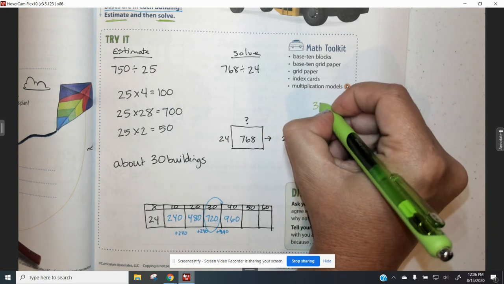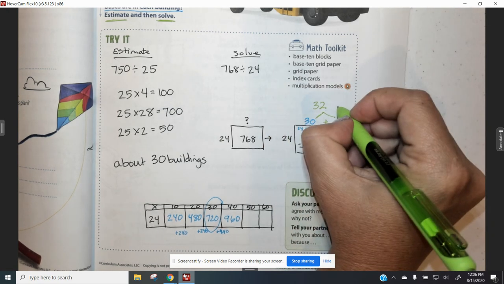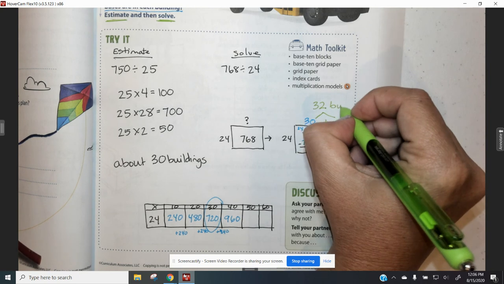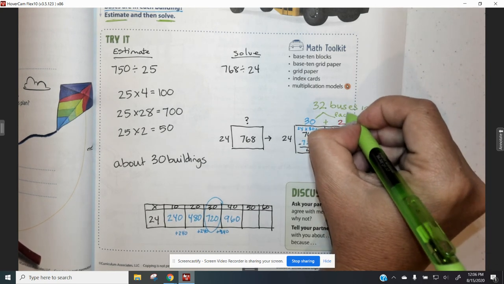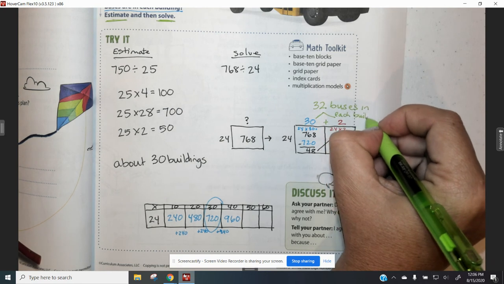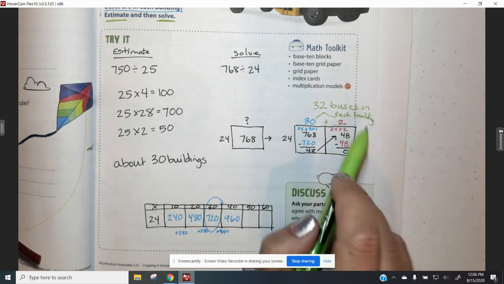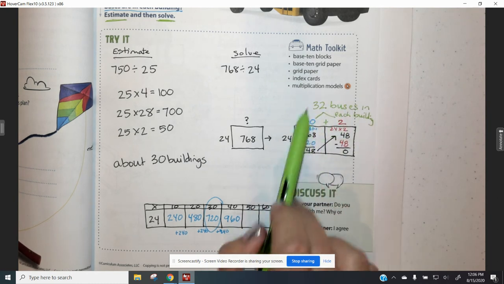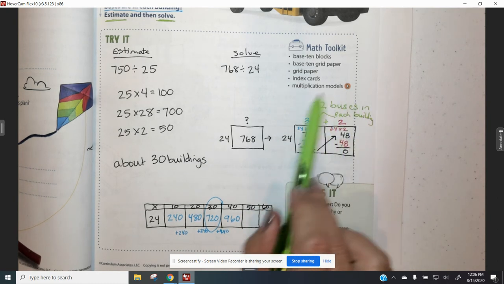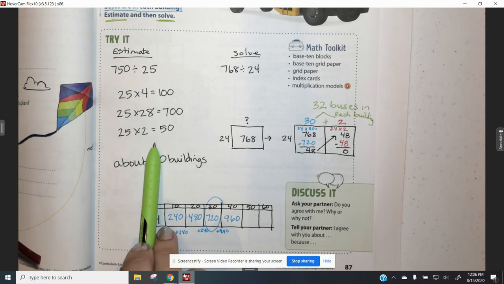So 32 buses in each building. So when we solved it, we got that there were 32 buses in each building. Was our estimate close?